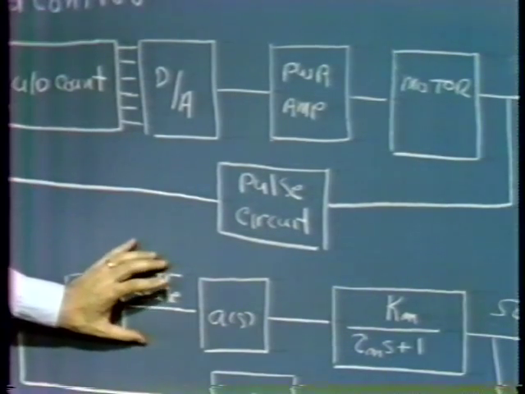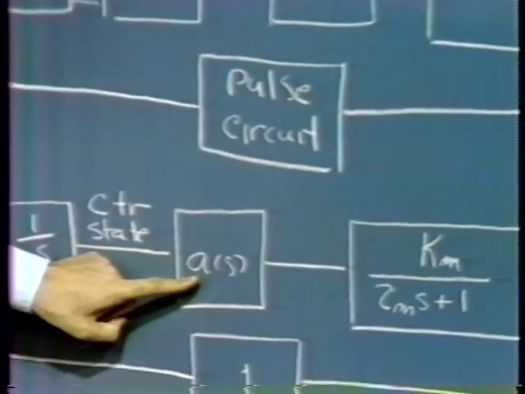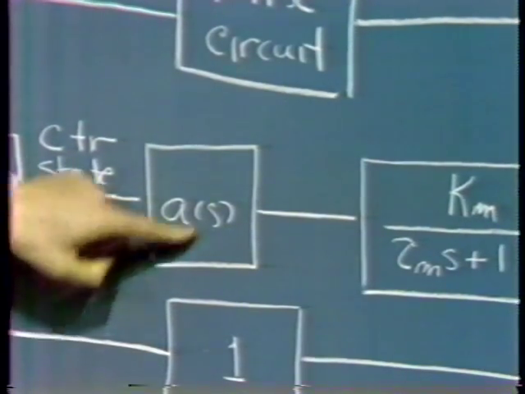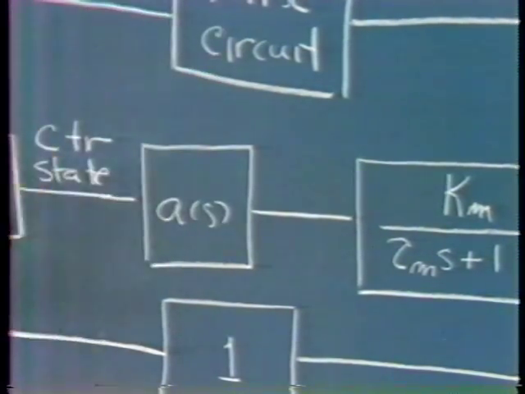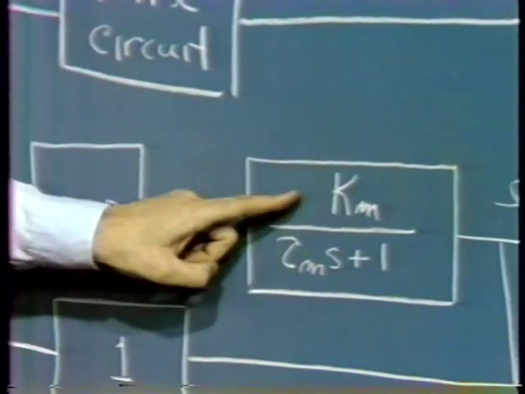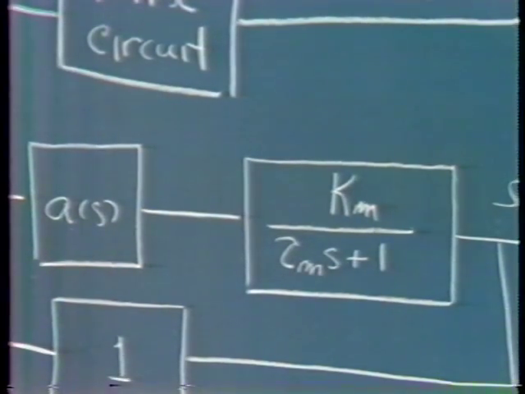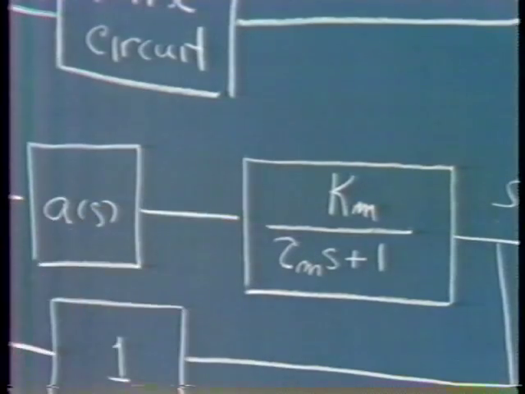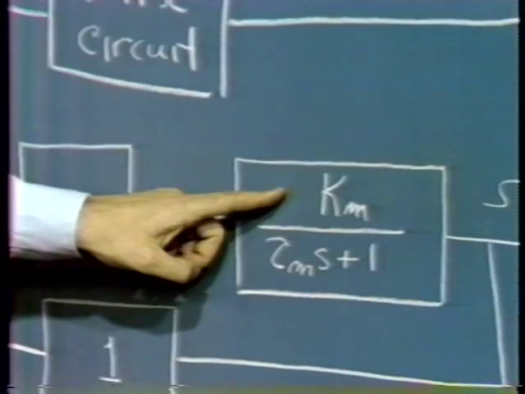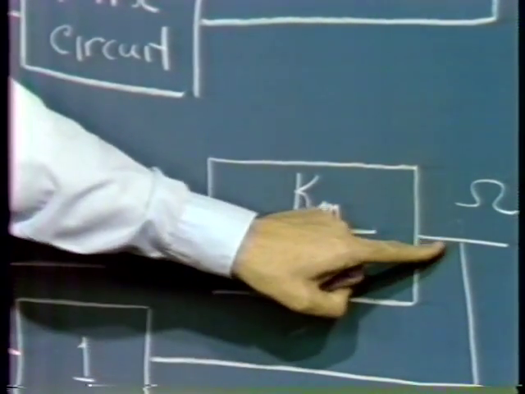We take a number proportional to counter state, or a voltage proportional to counter state, and amplify that, and do some compensation. The power amplifier also includes provision for compensation. We apply that to our motor, the voltage that's been modified by the compensation, the transfer function that we use for compensation. The transfer function for the motor is approximately first order when the variables are voltage in versus speed out.